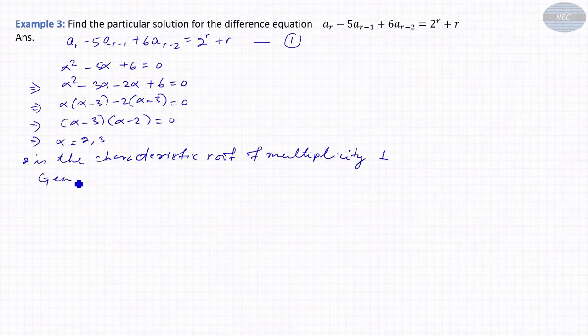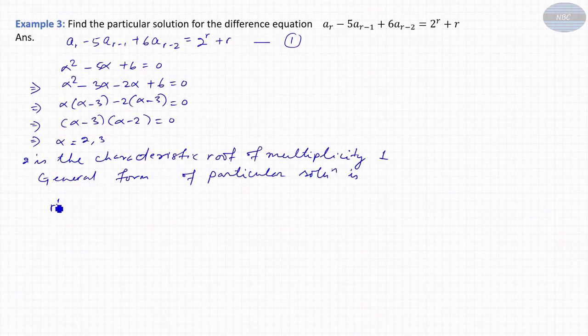So the general form of particular solution is, for this term 2 to the power r, we'll write r to the power 1, because here 2 is a characteristic root with multiplicity 1.